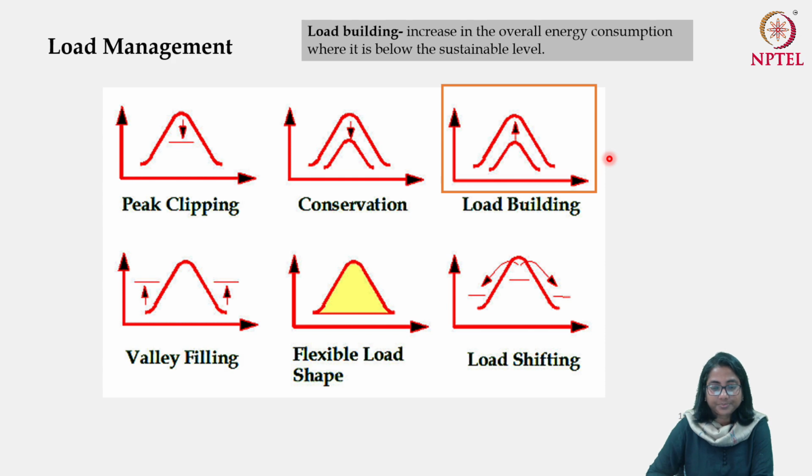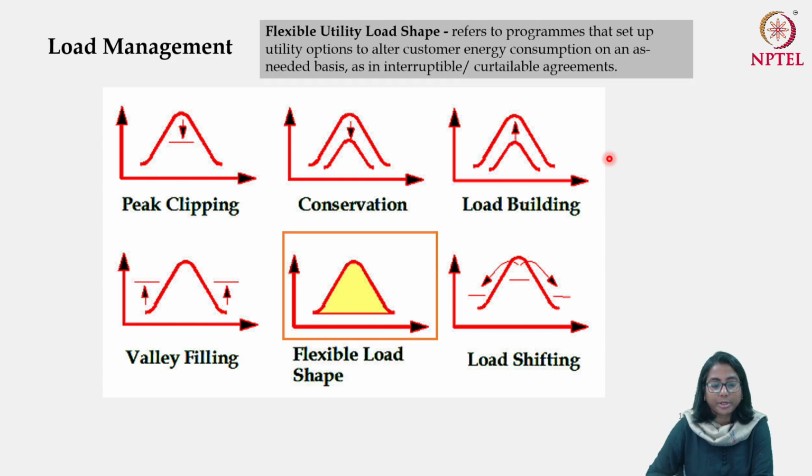The last one that we are going to look at is called the flexible load share. This is something which is not quite available in our country. This is actually based on a contract between the utility, that is the power supplier, and the consumer. So they enter into a contract, and the utilities install certain instruments or equipment in order to alter customers' energy consumption on an as-needed basis.